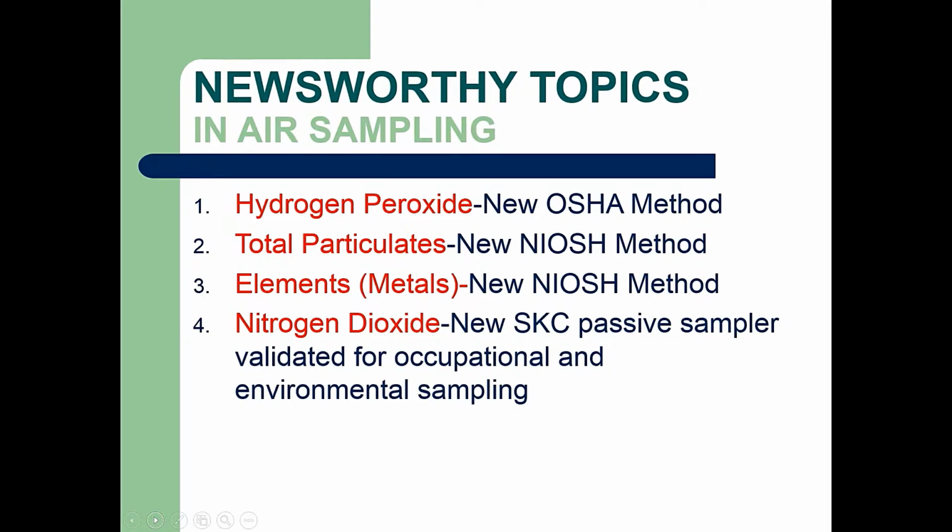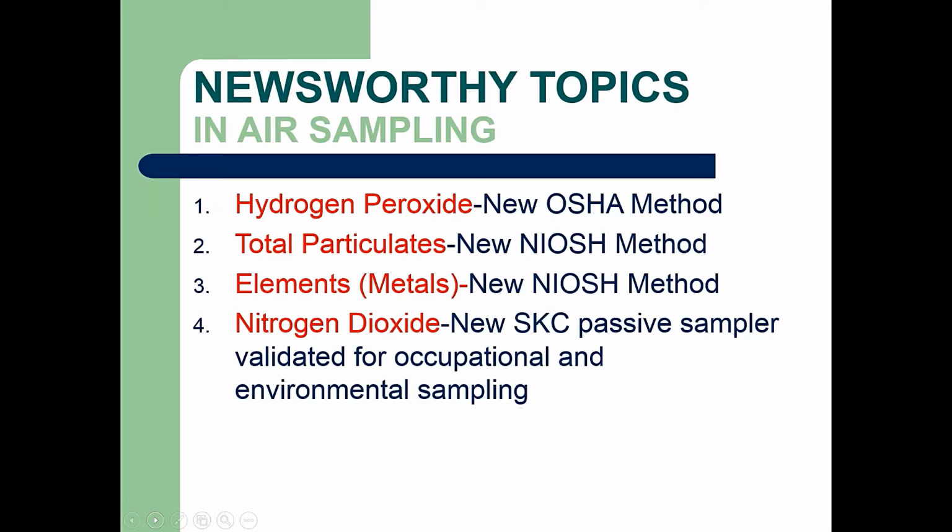Okay, so on this slide you can see the newsworthy topics in air sampling that I will discuss today. First is a new method just released by US OSHA for hydrogen peroxide. Then we have two new methods from NIOSH that specify so-called internal capsule samplers for particulate matter.